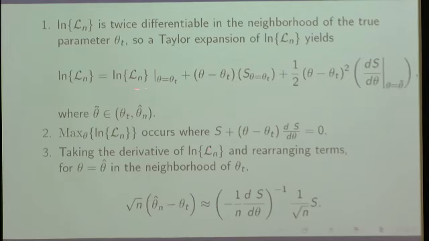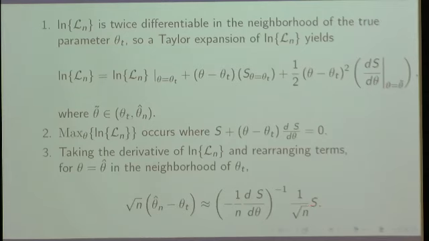So taking the derivative of the log likelihood and just rearranging the terms in the neighborhood of the true value, we get this formula. This gives us the relationship between the parameter estimate we're interested in and these score functions. Typically, what we have here is a random variable which, by the central limit theorem, is going to go to normality.